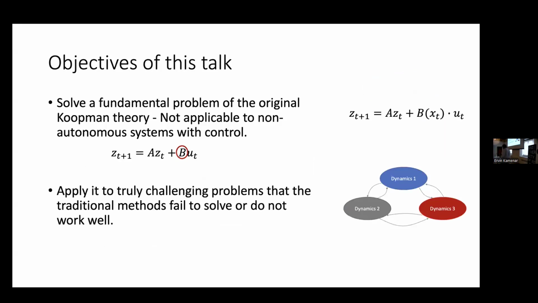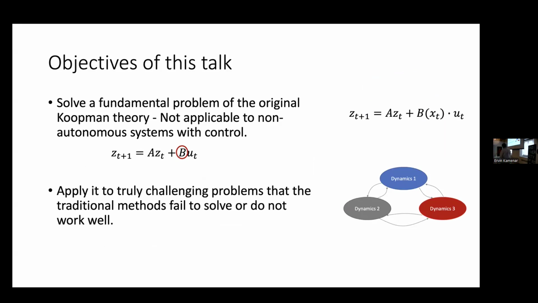I raise two issues today. One is that, as far as we apply this to robotics and controls, we haven't solved the fundamental limitation that it is not applicable to non-autonomous systems.